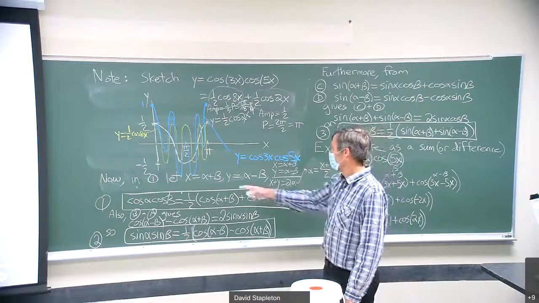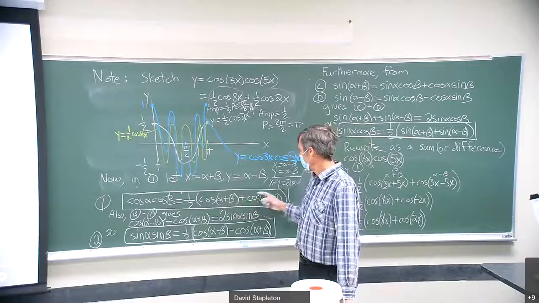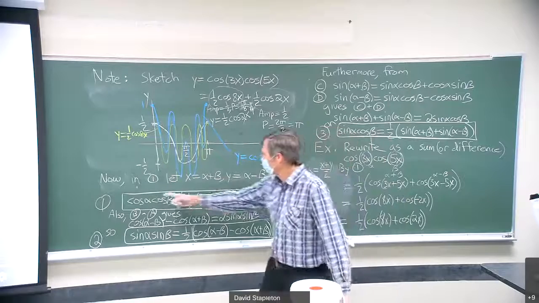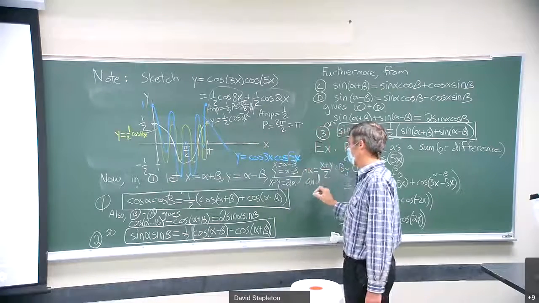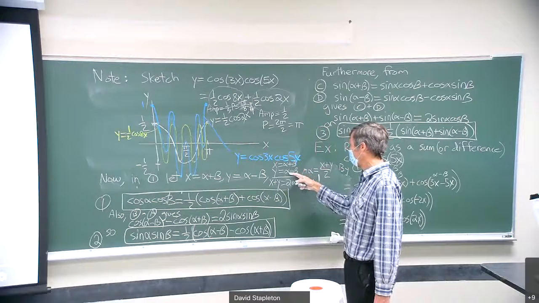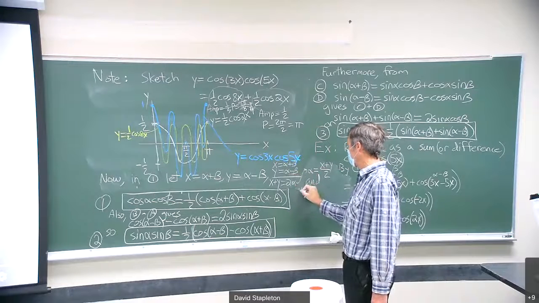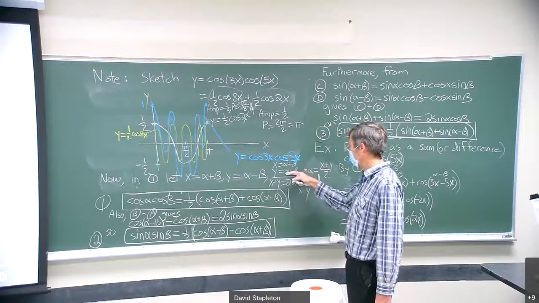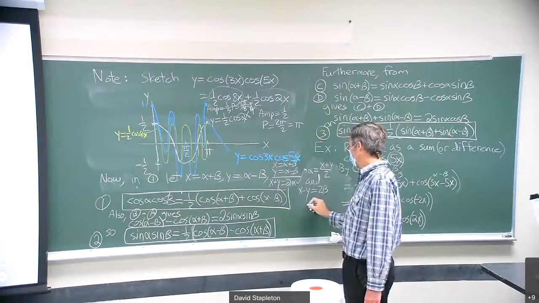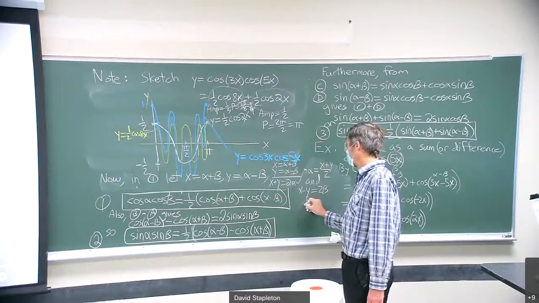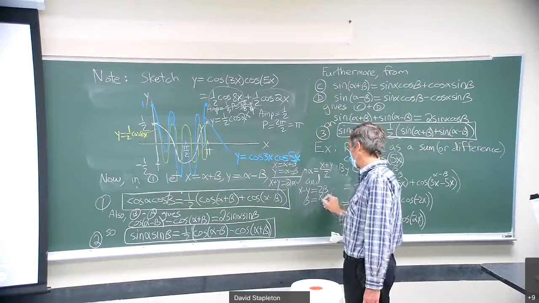And similarly, if you subtract those, this one minus this one, you get x minus y equals, the alphas cancel, beta minus minus beta is 2 beta. And consequently, dividing by 2 and switching sides, beta is x minus y over 2.